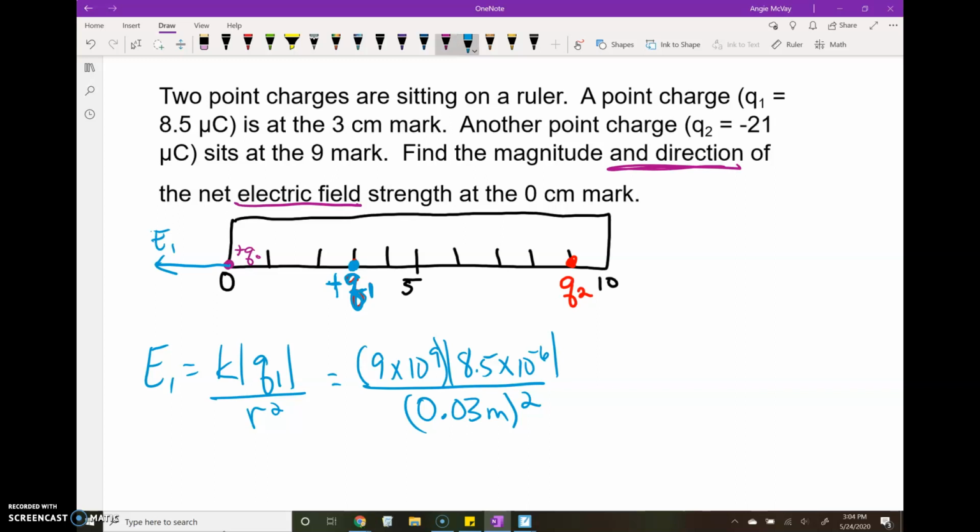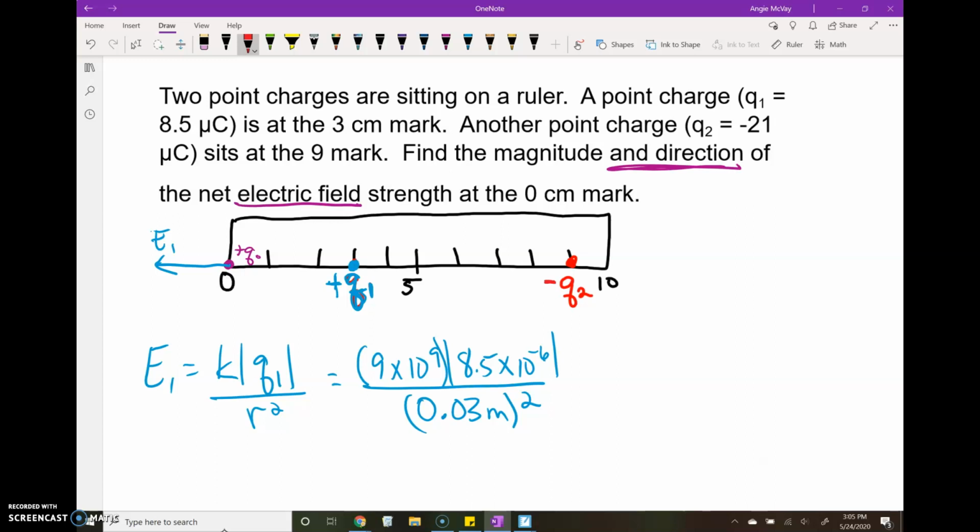All right, and then Q2, as a reminder, is negative. And it is 9 centimeters away, right?